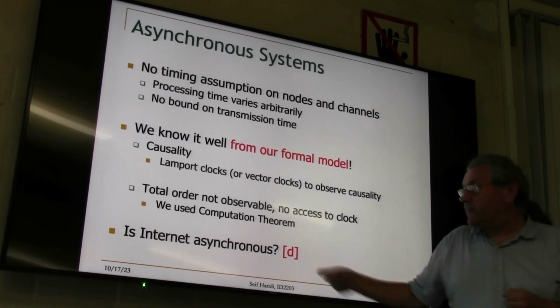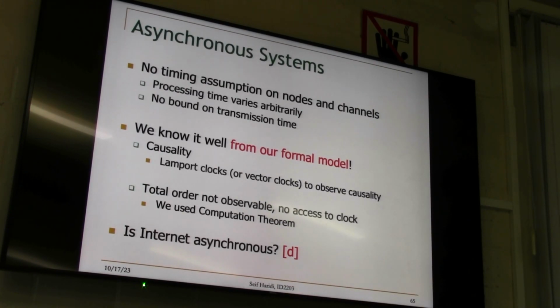And then the question is, is the internet asynchronous? We already discussed this a little bit. In some sense, the internet is asynchronous, because there are no time bounds built into the routing protocols of the internet. It's basically a best effort system, and it depends on the distance, the speed of the routers, the performance of the network, the cables, protocols, whatever.